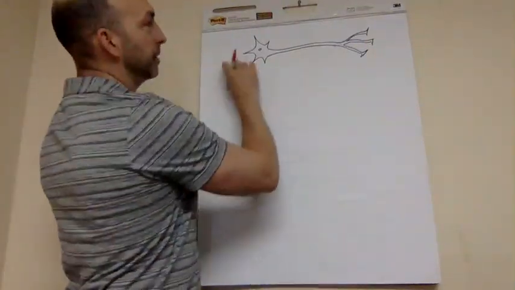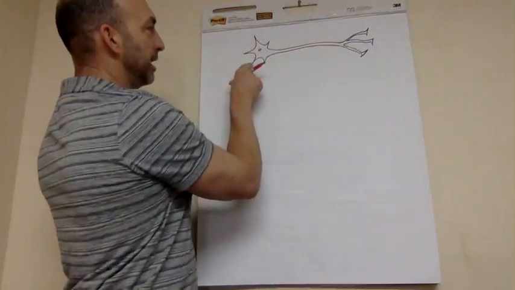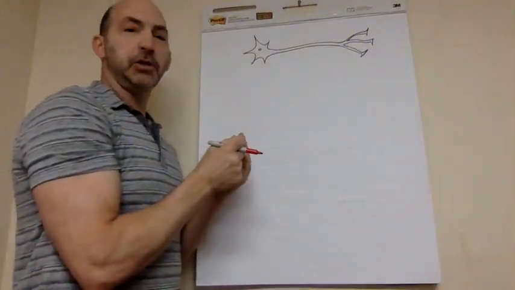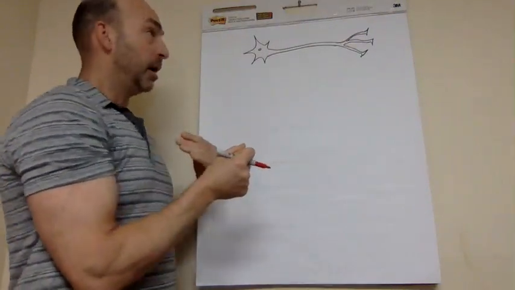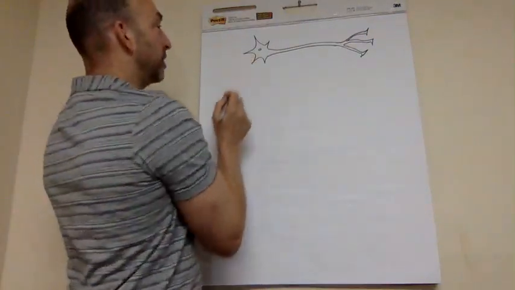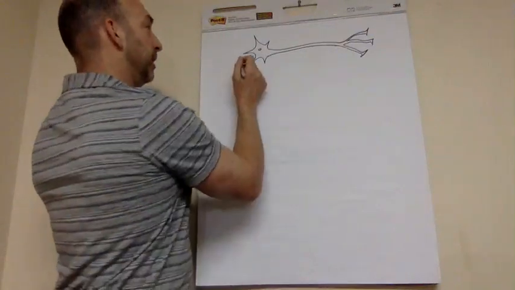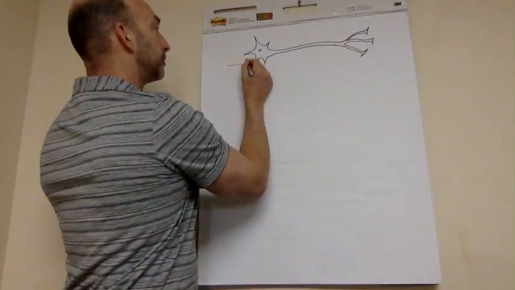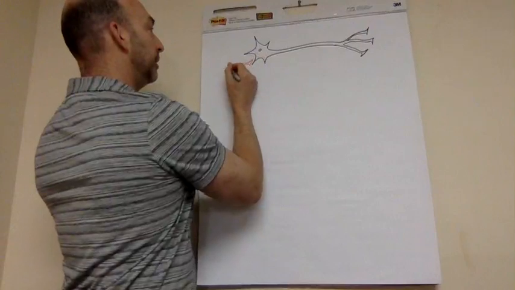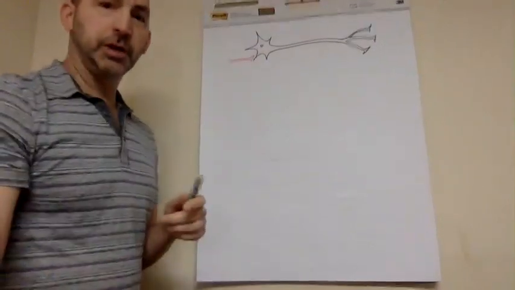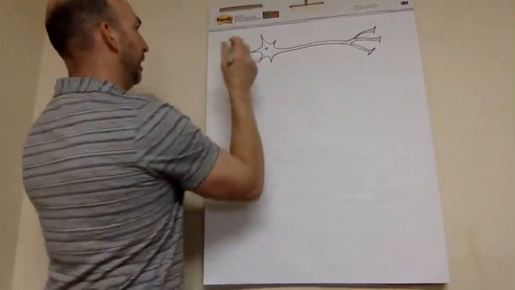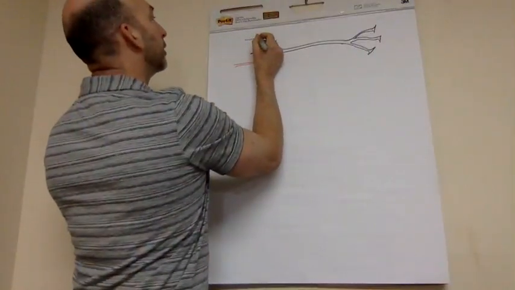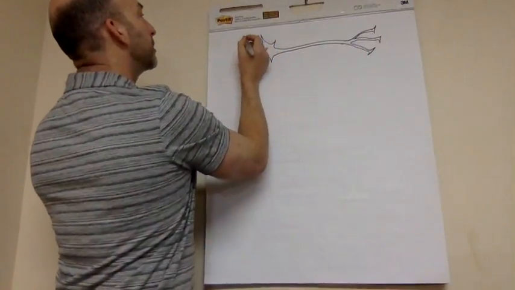If it wasn't a multipolar, if it was a sensory neuron, these dendrites could be receiving sensory information through mechanically gated channels or temperature gated channels, a whole variety of different types. I'll have it receiving information from another neuron, and as we've said before, it's usually not a single other neuron. It's usually many other neurons, so I'll have different colors here coming in and synapsing.